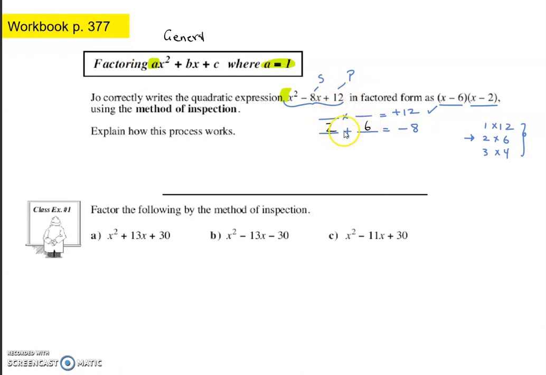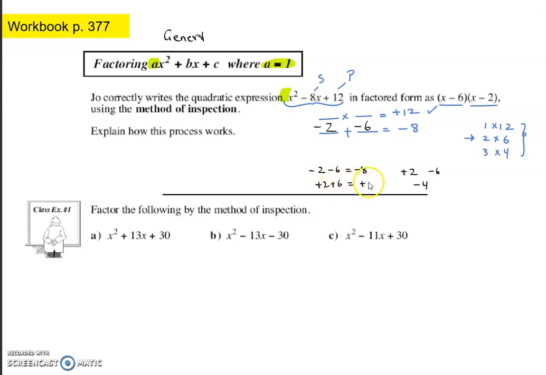Next, I want to focus on what signs I can put in. Both of these have to be negative, because negative 2 and negative 6 will give me negative 8. If one is negative and the other is positive, they actually subtract. If you want the answer to add, you need both signs to be negative or both signs to be positive.